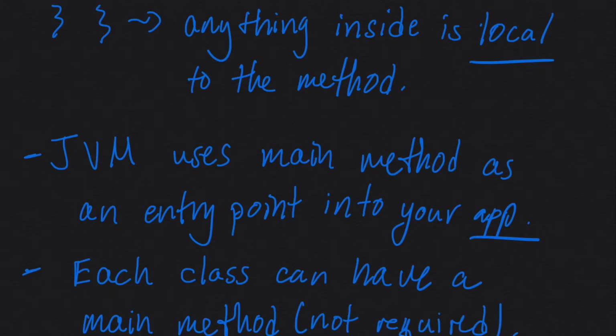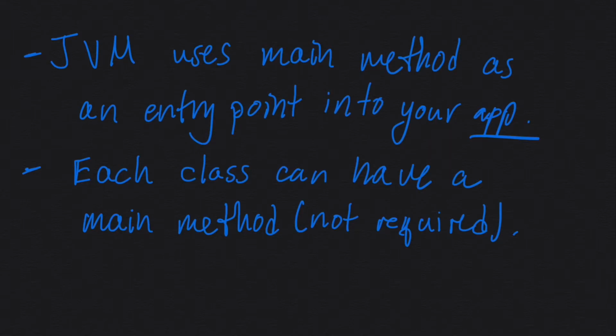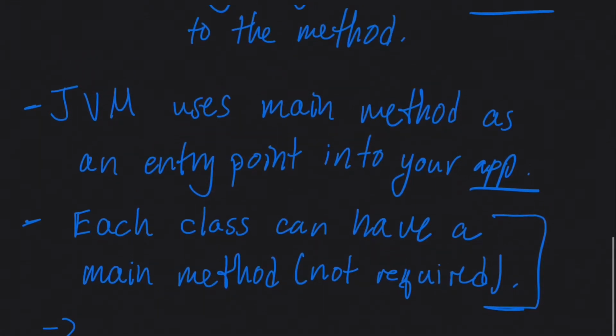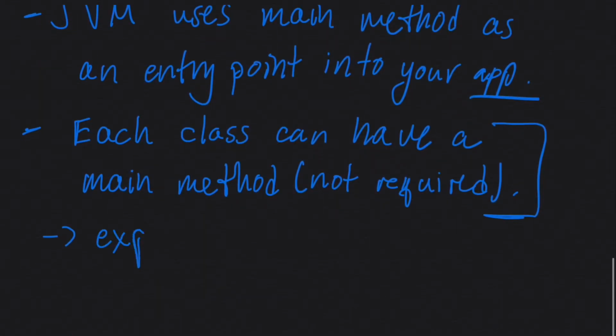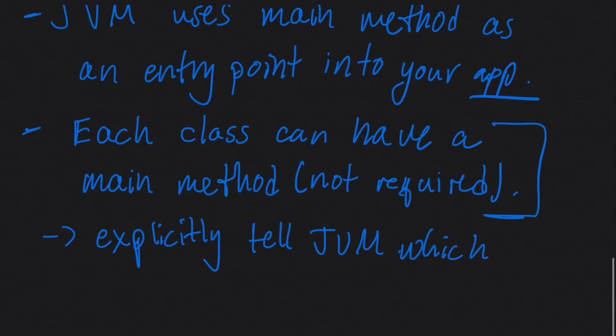However, every Java application needs to have at least one main method. So because of this, we need to explicitly tell the JVM which main to use.